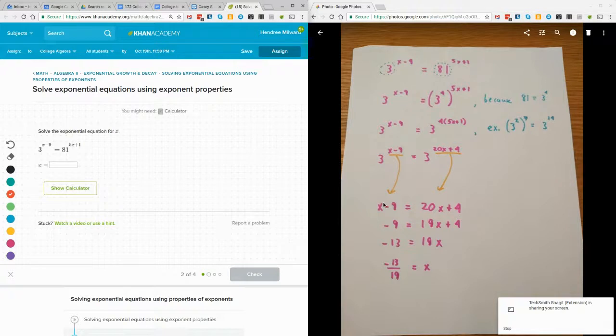And now we just have a basic linear equation and just solve it the good old-fashioned way, getting the x's together and then subtracting 4 from both sides, and then dividing both sides by 19 to get negative 13 over 19. So I hope this helps a little bit.